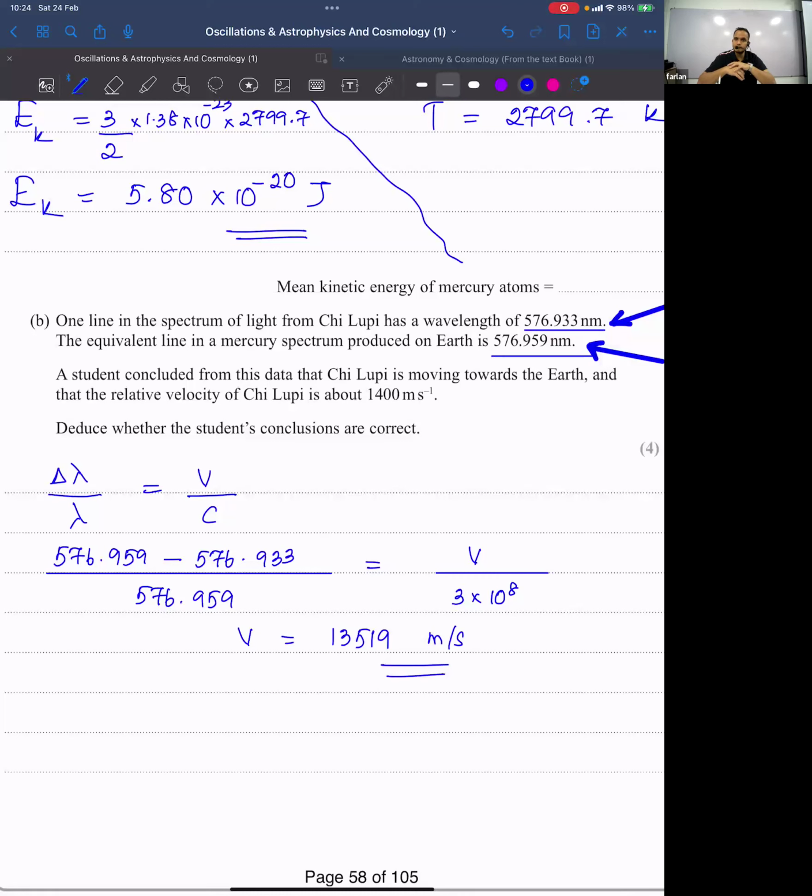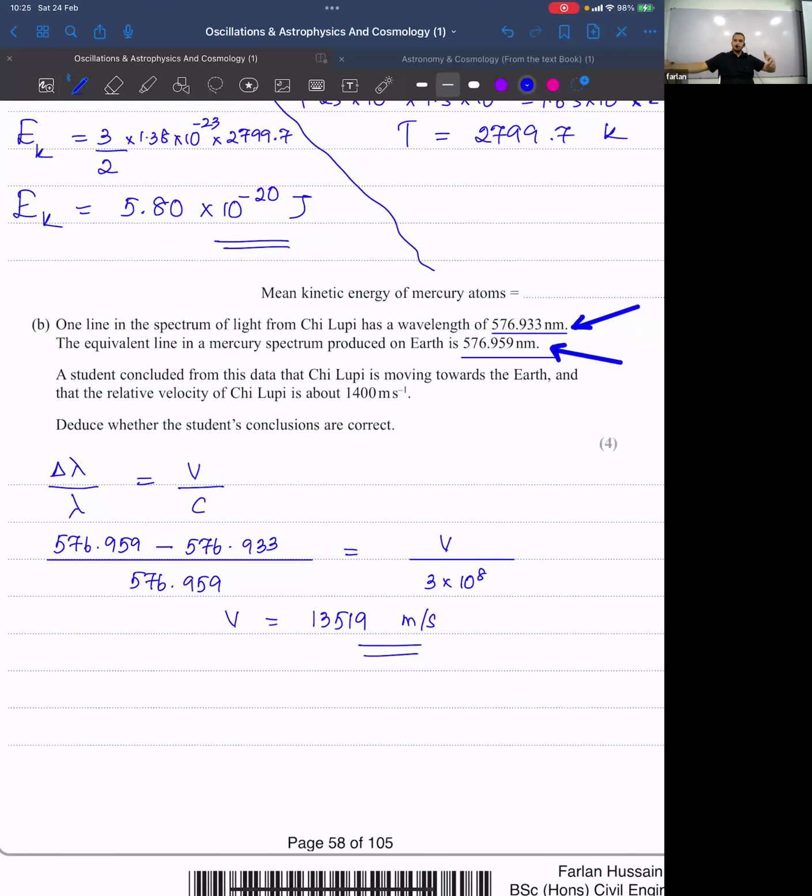What is produced on Earth is the actual one, because it is not moving. It is stationary. So that is the actual one.